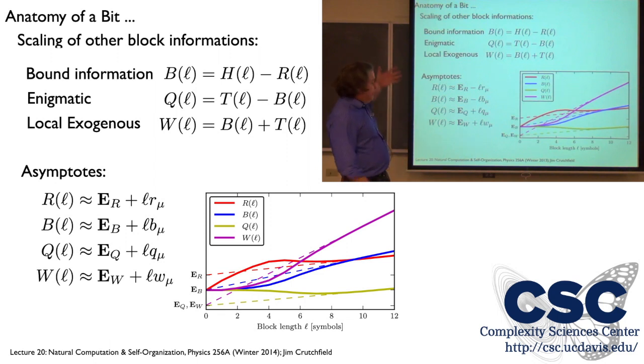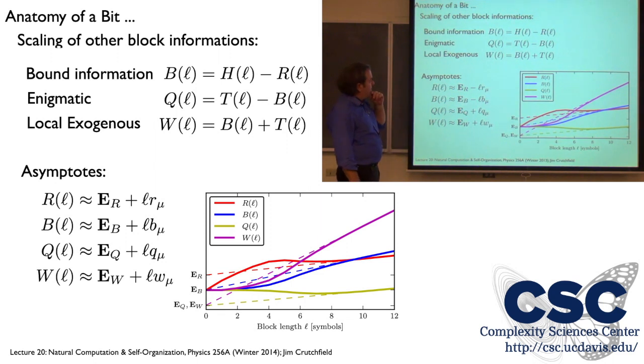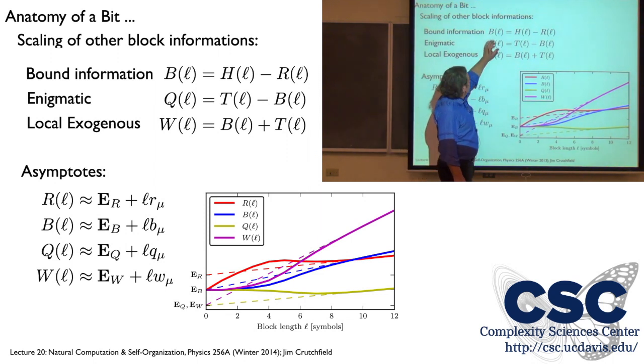And there are other generalizations of these n-variable informations. So we had the bound information and the local exogenous information. The bound information, if you remember the tableau, didn't overcount the atoms in the 4 variable information diagram the way total correlation does; it treats them equally.